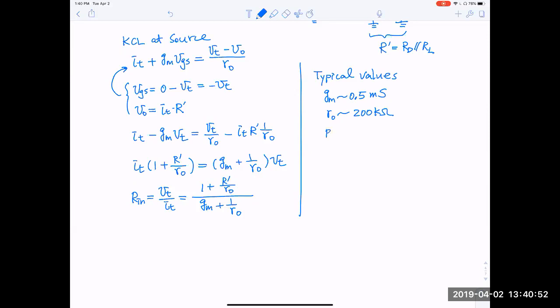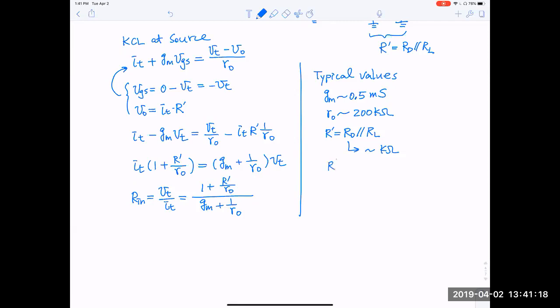R prime, which is equal to RD in parallel with RL, and RD through DC bias is in the kilo ohm range. We don't know what RL is, but assuming RD is the smaller of the two, R prime will be roughly equal to RD.